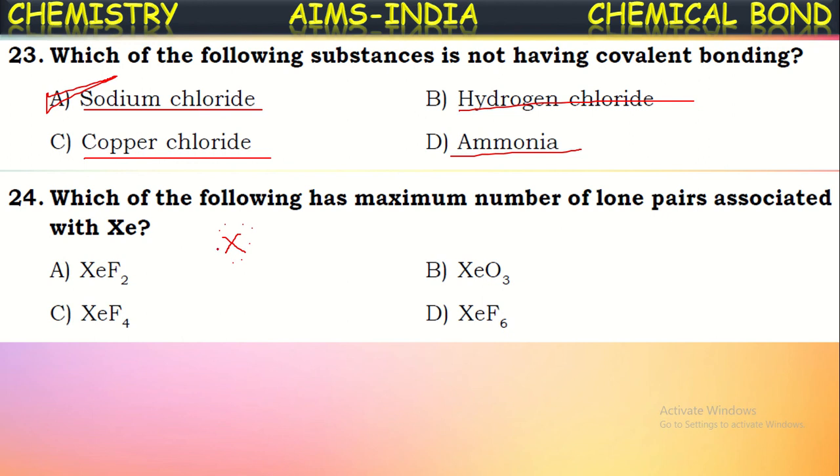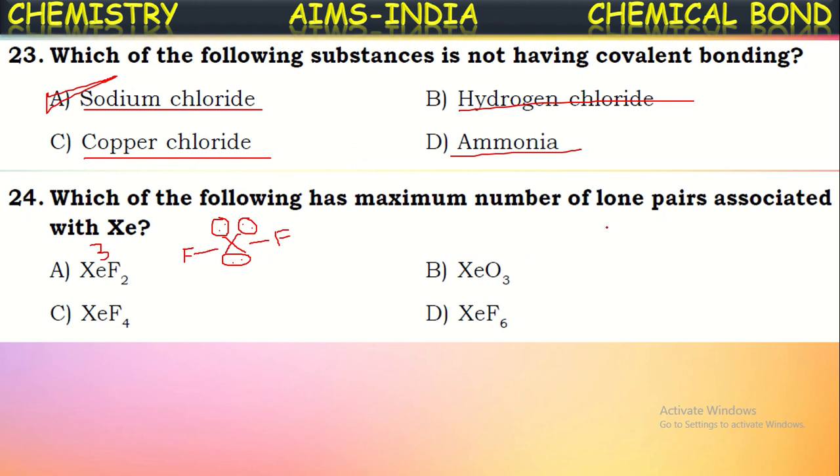In that, 2 electrons participate in bond formation with 2 fluorine atoms. So how many lone pairs of electrons are there? 3. So the number of lone pairs on xenon is 3 here. As the number of bond pairs increases in the central atom, the number of lone pairs decreases.